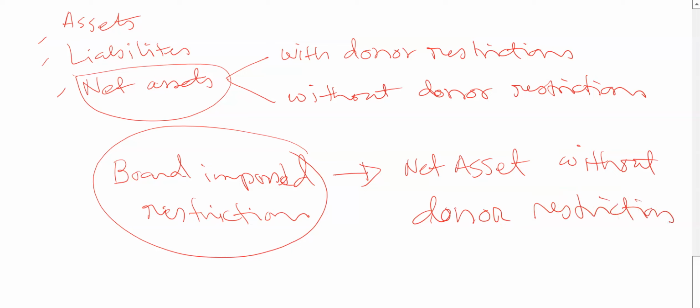Now, if you look at the note here, you will see on pages 8 and 9, they gave you very simple examples, and you will also see that there are two categories, which is really important: net assets without donor restrictions and net assets with donor restrictions.